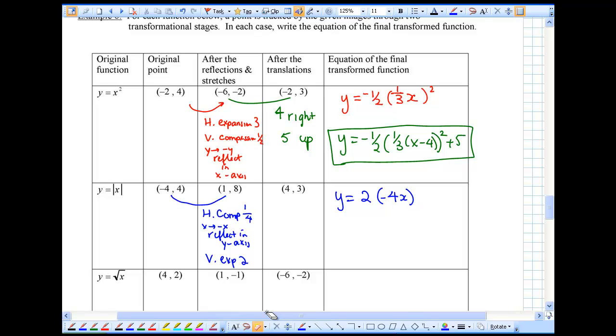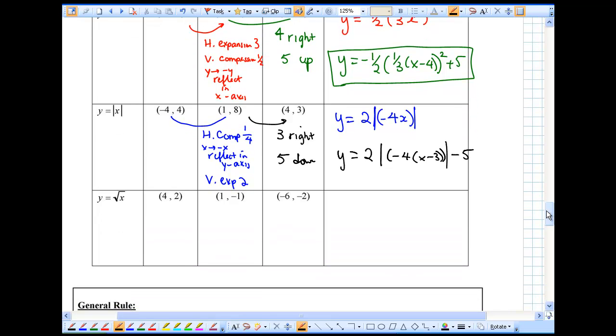It's not even the square function, it's the absolute value function, so I guess I can put the absolute values here. Then we're looking at the 1 to 4, that's add 3, so 3 to the right, 8, 3, 5 down. So y equals 2 times the absolute value bracket of -4, and bracket now, once again, x minus 3, close the bracket, close the bracket, close the absolute value, go 5 down. Okay. Last one's yours. No help from me. I'll be silent. Shh.